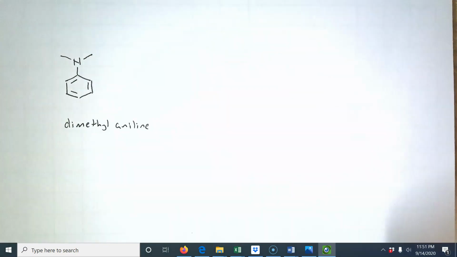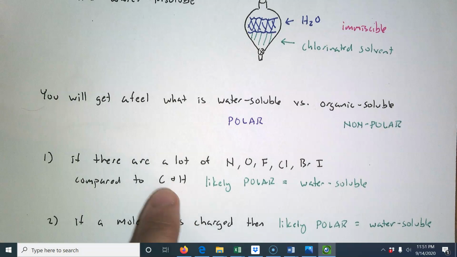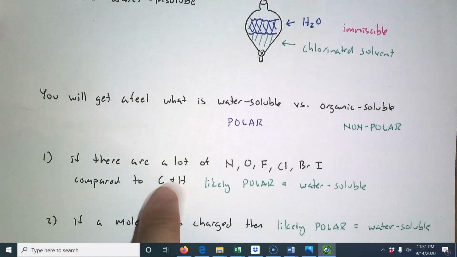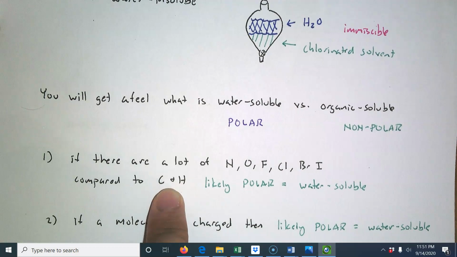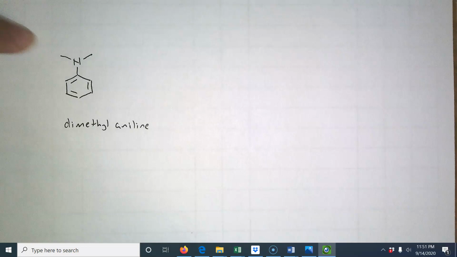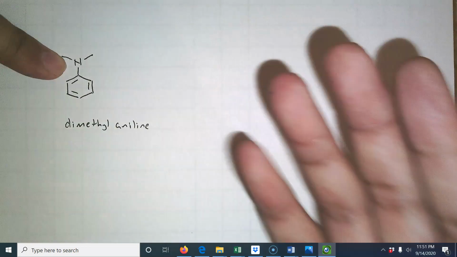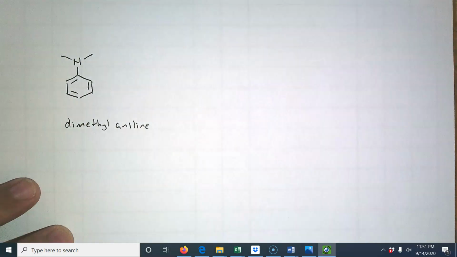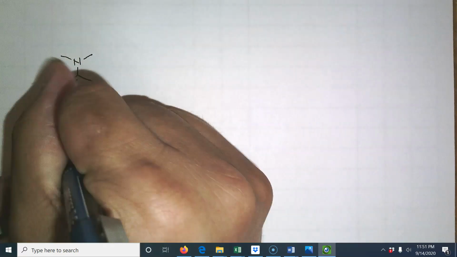It does have a nitrogen, and we said that if it has nitrogen, it might be water soluble, but relative to all the carbons and hydrogens, which is actually a nonpolar bond, right? CH bonds are going to be considered nonpolar. Then that's not enough dipole, not enough polarity to make the whole molecule polar. So this is actually nonpolar.